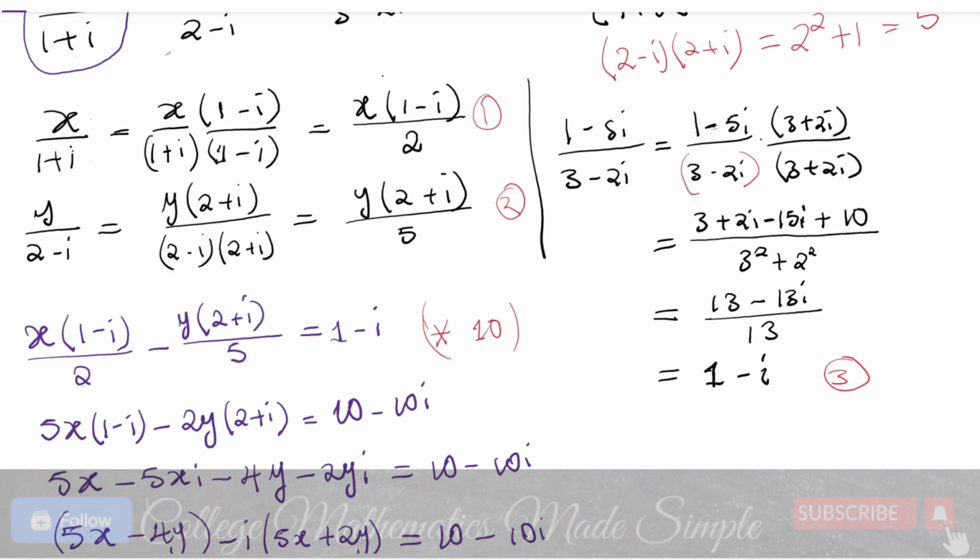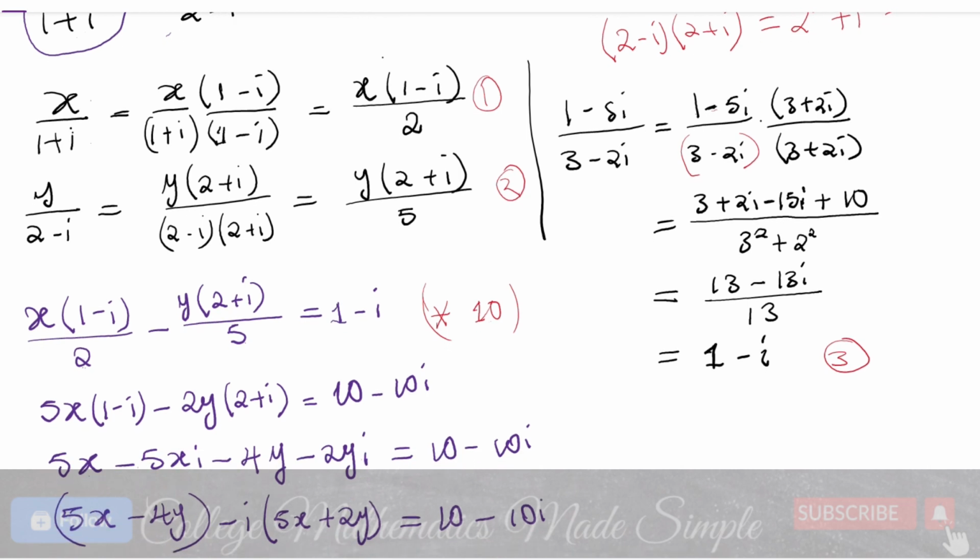Next, I expand. So this is just 5x minus 5xi minus 4y, and then minus 2iy. The minus is coming from the minus here, and the right-hand side remains the same.